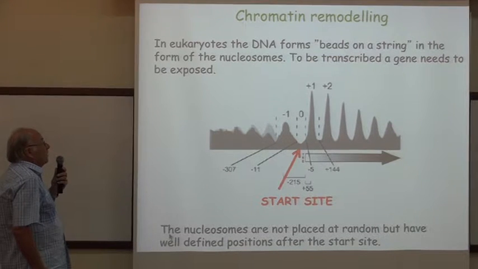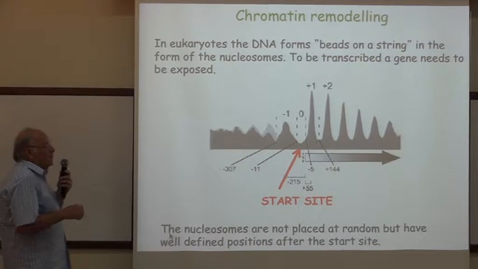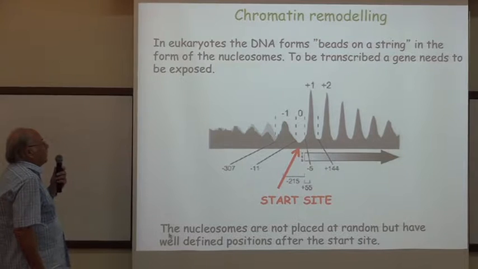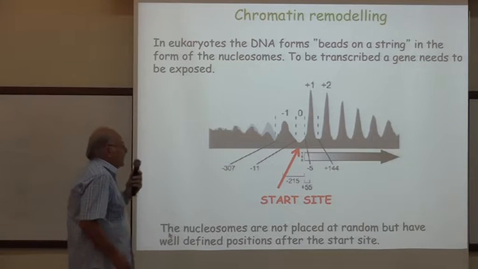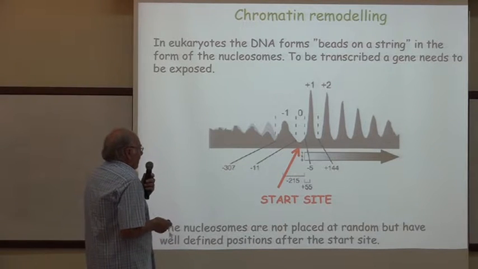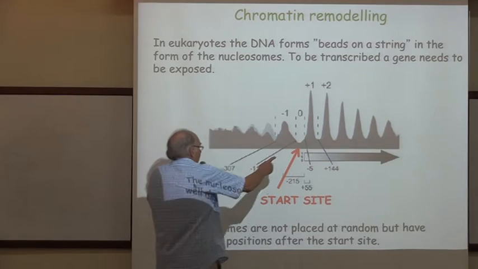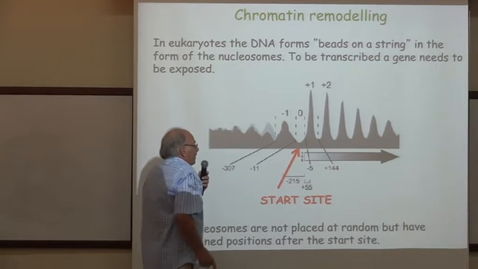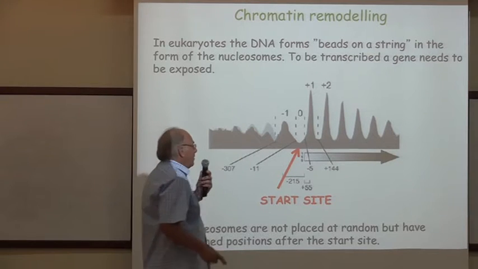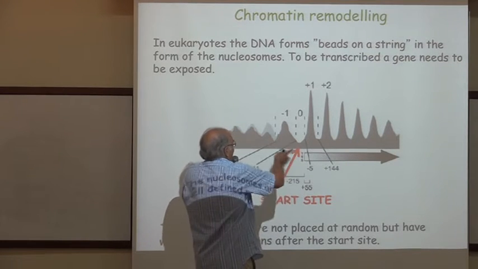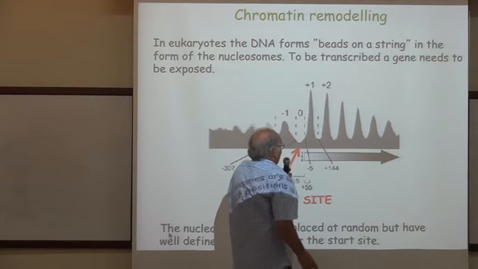The eukaryotes are forming the beads on the string, the nucleosomes on the DNA, and the DNA needs to be exposed. Now, if you have a start site for transcription here, then it turns out that the nucleosomes are bound in a statistically significant manner.